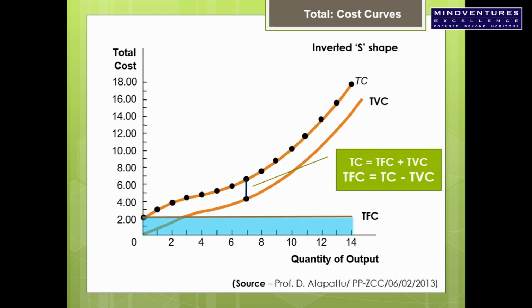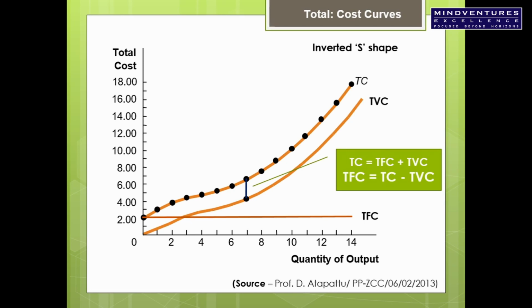So total cost and total variable cost are inverted S-shaped curves. The vertical distance between total cost and total variable cost is total fixed cost.